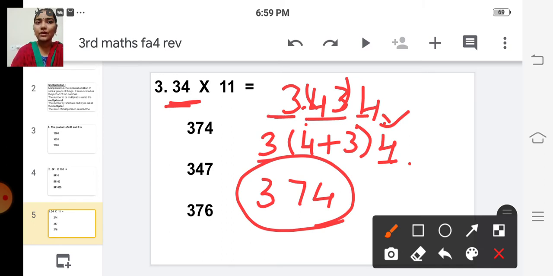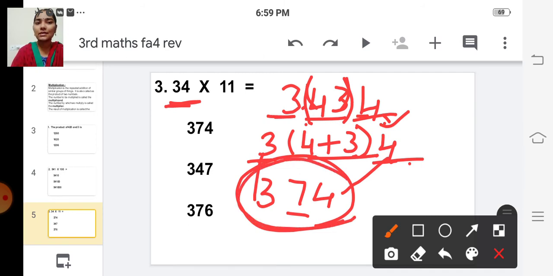Write 3 as it is, 4 plus 3 is 7, and write 4 as it is. So we got the answer. The answer is 374.